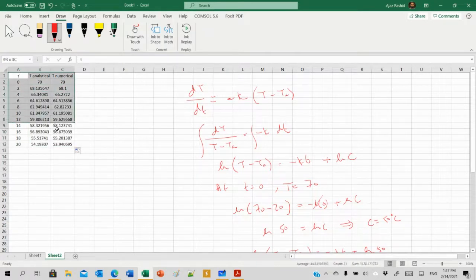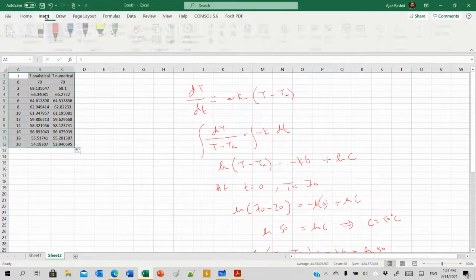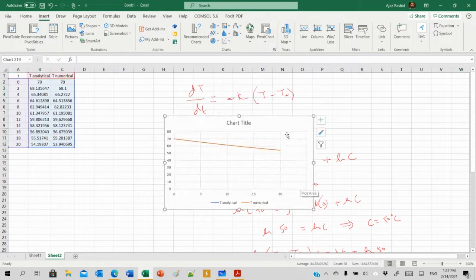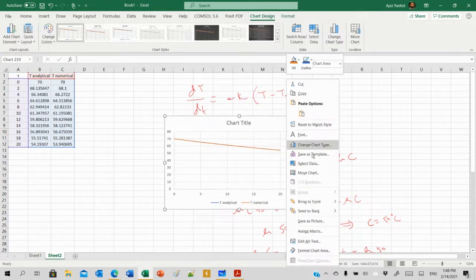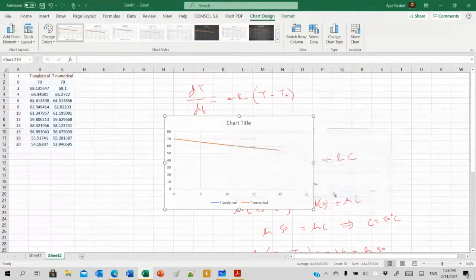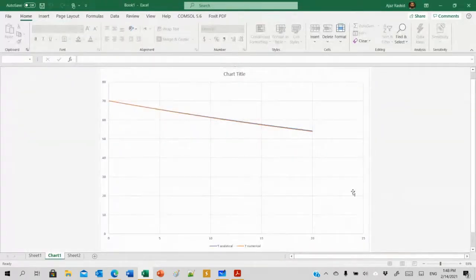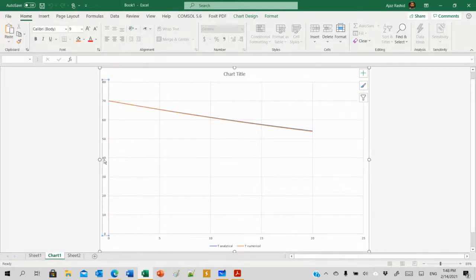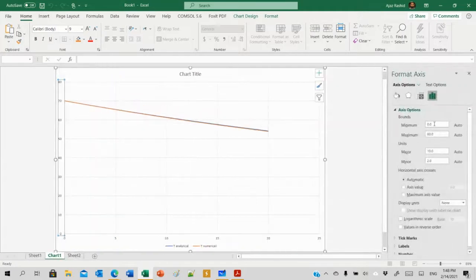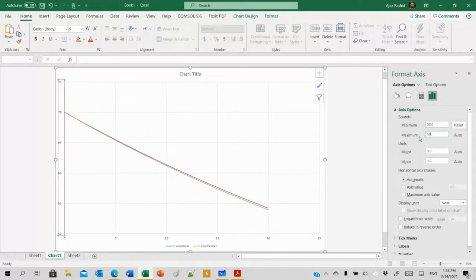So those are the values I get. I can plot them to compare them. So we can see that they are almost similar values. I'll just change the range of the axis to go from 50 to 70.